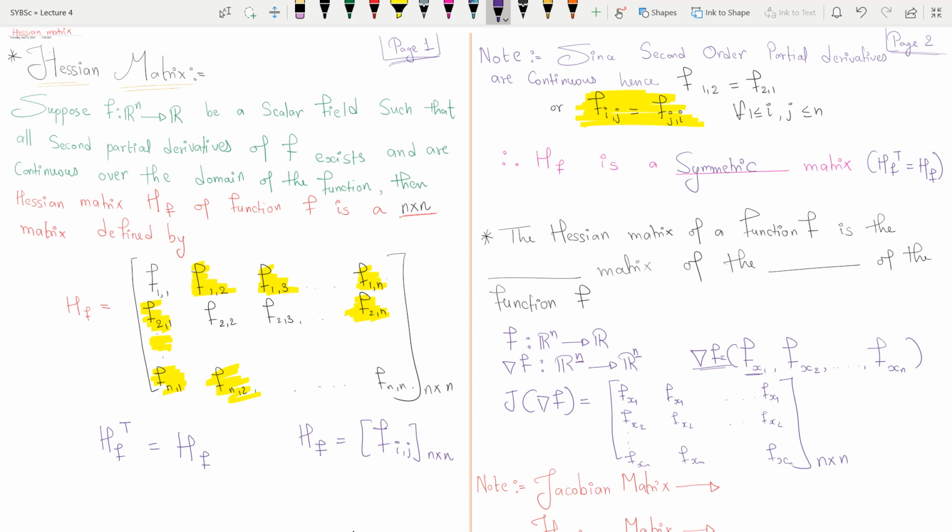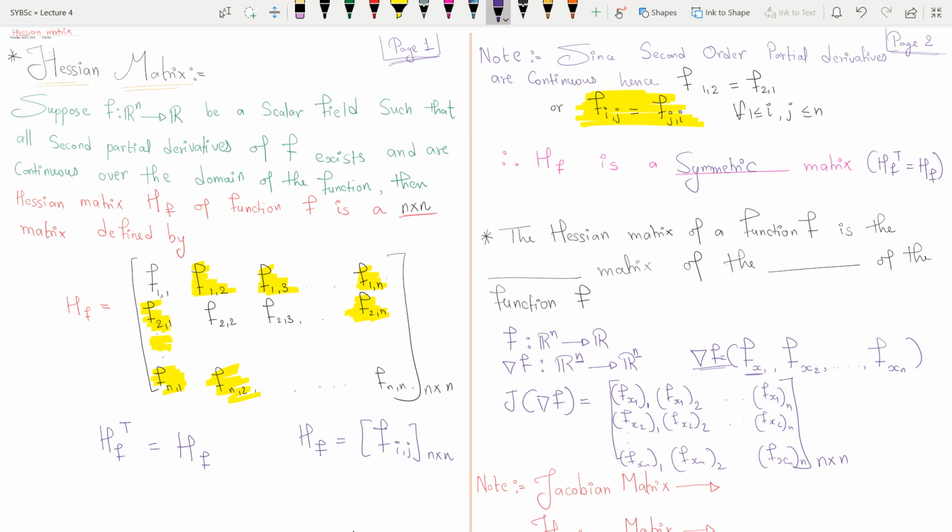In the column wise, I differentiate the first column with respect to the first variable, the second with respect to the second variable, and the last with respect to the last variable, right? So if you observe this, the Jacobian of the gradient is actually the same as my Hessian.